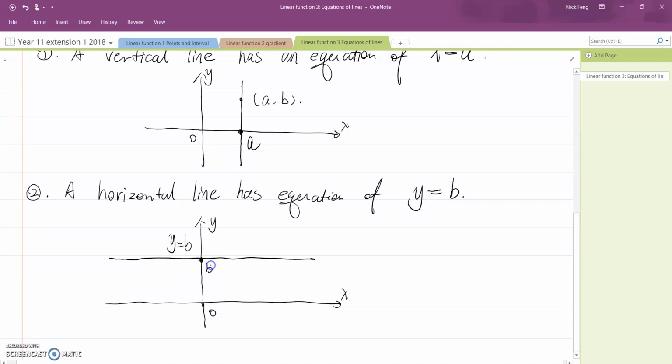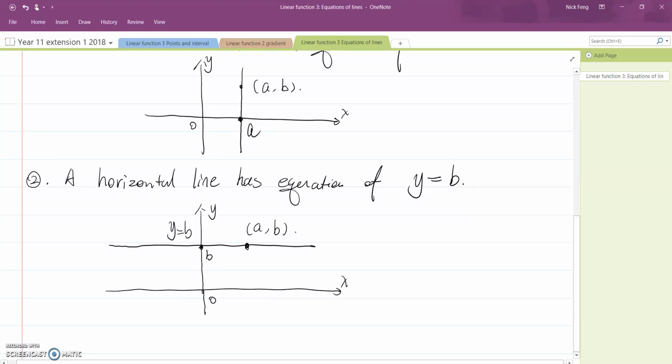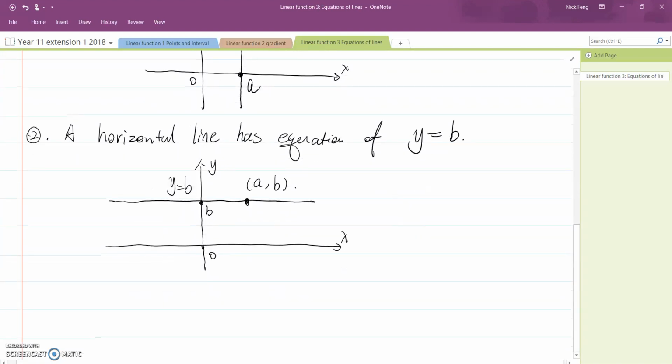Oops, this point is b in this case. And the same thing happens if I have a point here as a and b. This time, the only thing that doesn't change is the y coordinate, which is b. A can be anything you want along the line, which is the x coordinate of the point. So those two are the special lines you actually need to memorize because they have a special form.